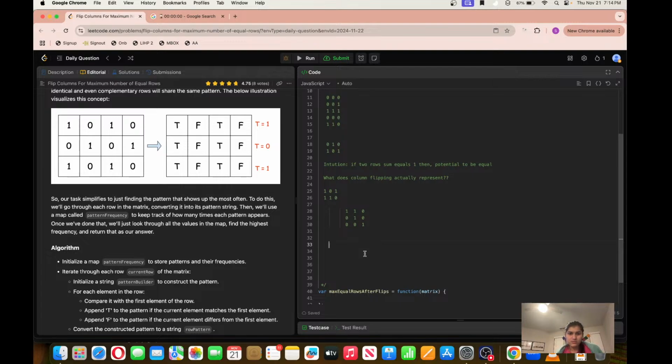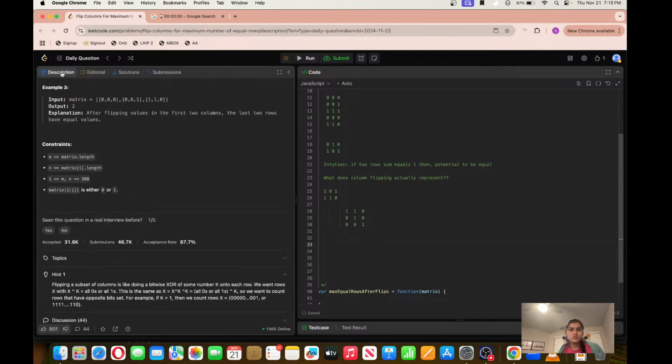So we could just convert each row into a string, and then create a hash map to keep track of how many times each pattern appears. Once we have done that, we will look through all the values in the map, find the highest frequency, and return that as our answer.